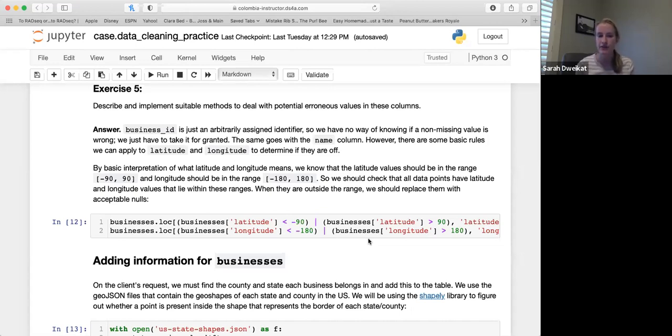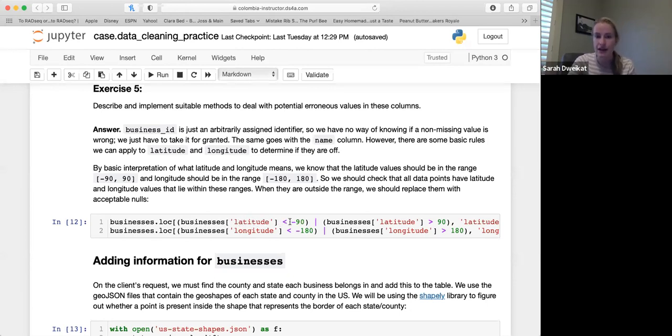So if we start with our latitude in our business's data set, we're going to use this .loc, or basically .locate, function. And that locates things based off of a particular value instead of an index or position in the data set, as a reminder.